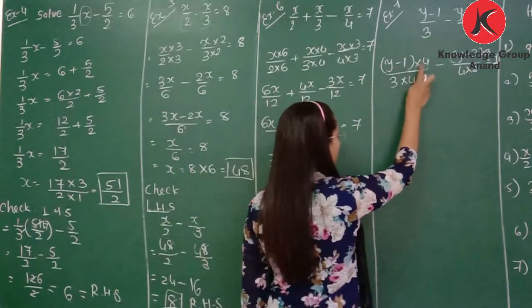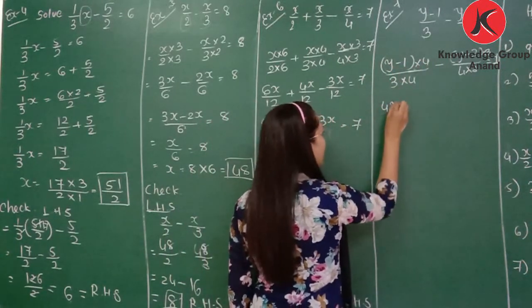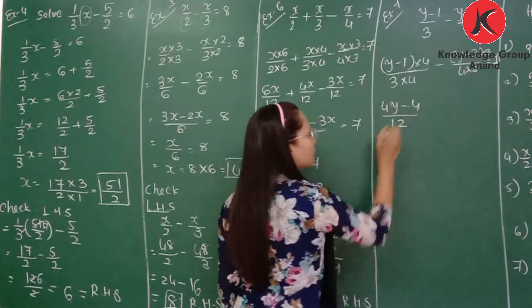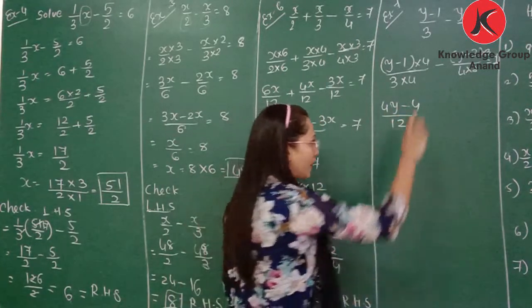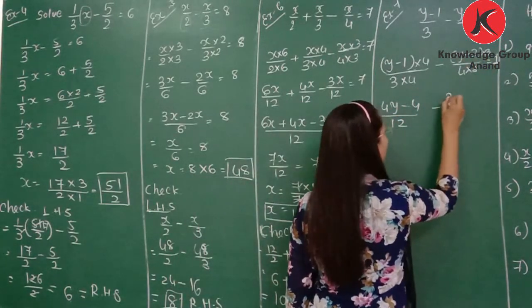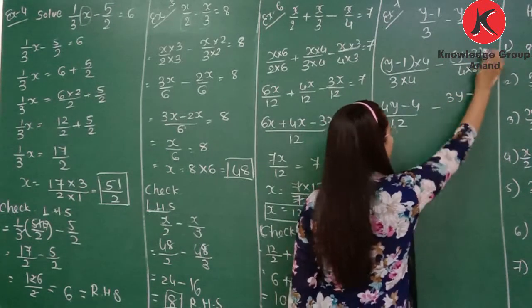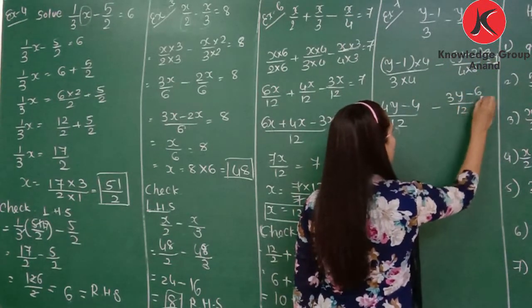Now 4 ones are 4, 4y minus 4 divided by 12. Now here we have 3 multiplied with y, 3y minus 6 divided by 12 is equal to 1.